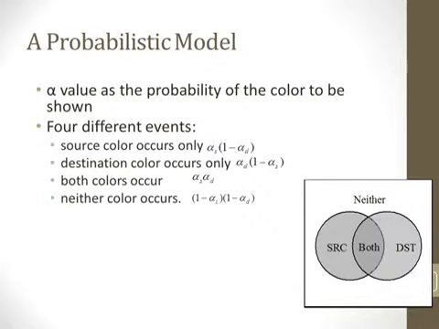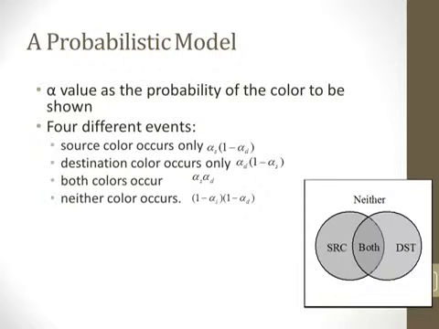Both colors occur in the intersection, which means alpha s times alpha d. Neither of the two colors occurs in the region where it is 1 minus alpha s times 1 minus alpha d.